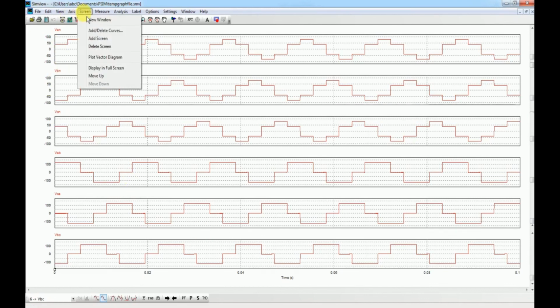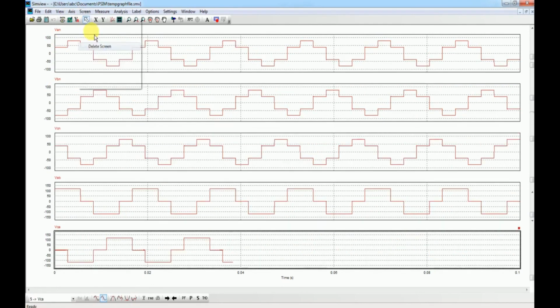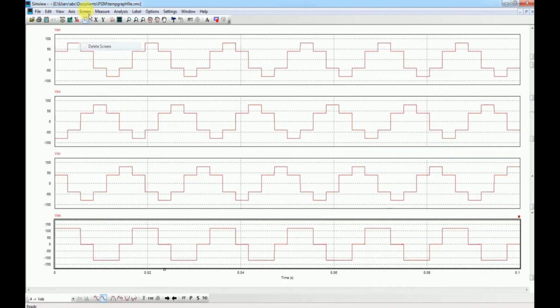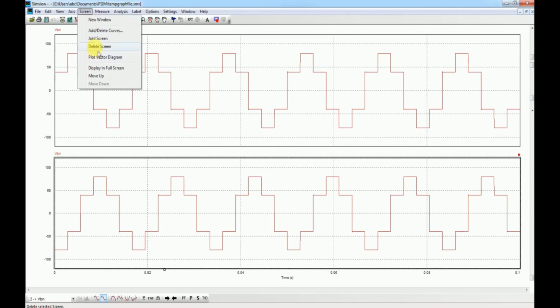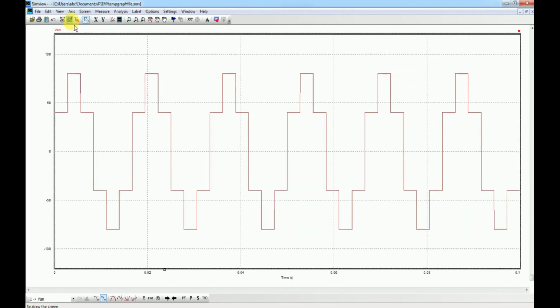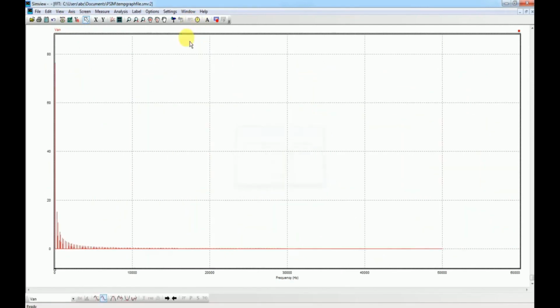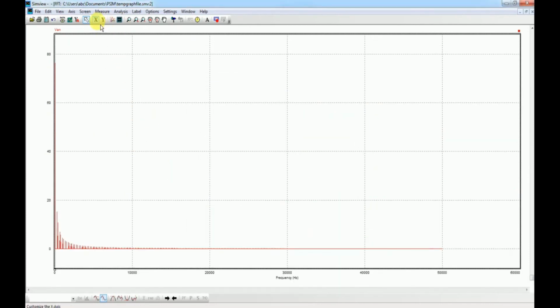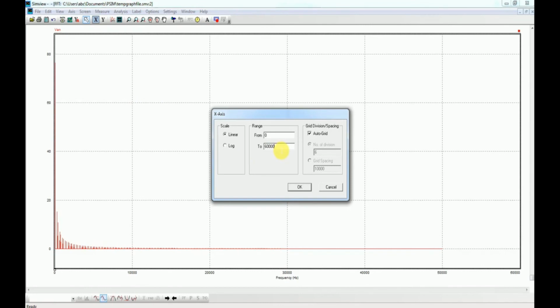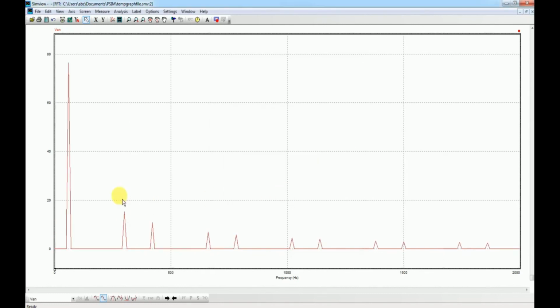So let us clear the screens and plot the fast Fourier transform. So this is the fast Fourier transform of the VAn. Let us bring this to 2000, that can cater for frequencies up to the 25th.